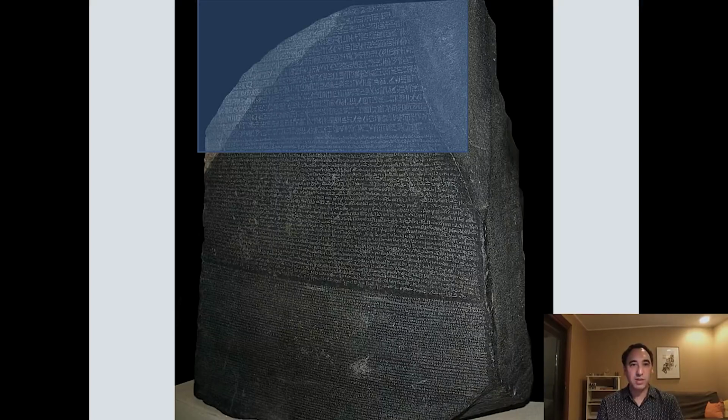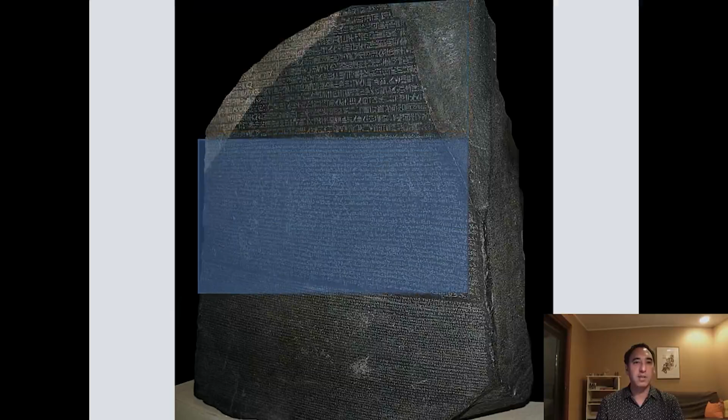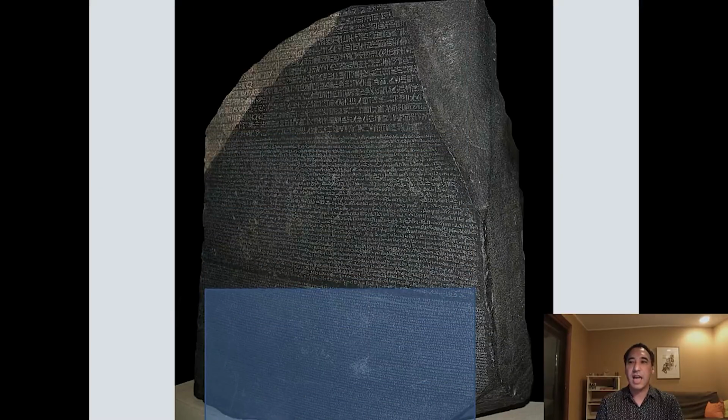But the Rosetta Stone had two forms of Egyptian hieroglyphics in the top two sections, and also, at the bottom, the exact same text in Greek. And so, since people knew how to read ancient Greek, they were able to go through each of the signs of ancient Greek and figure out what the signs of the hieroglyphics in the two forms of writing meant.